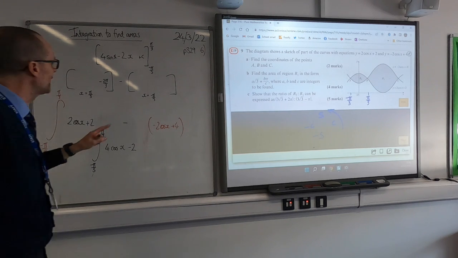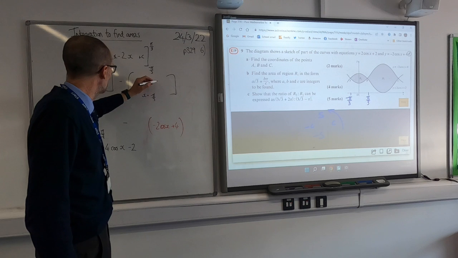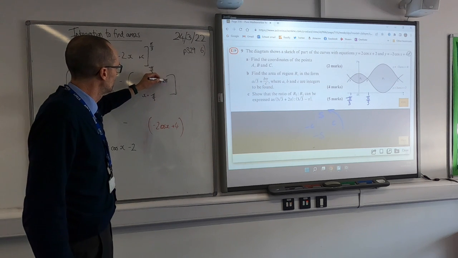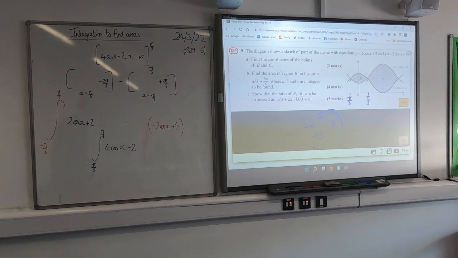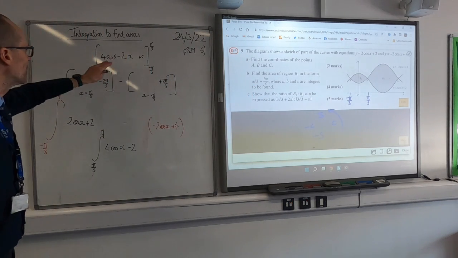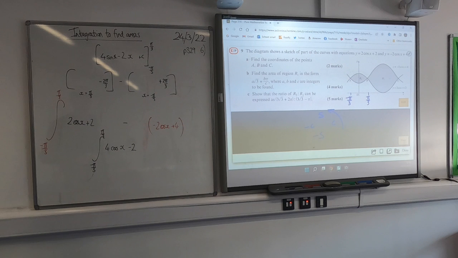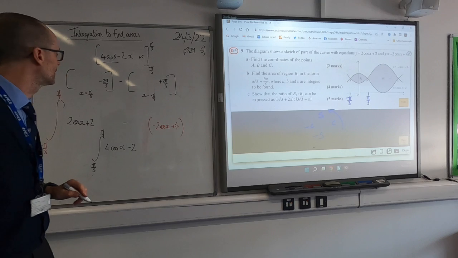And similarly here, minus 2 lots of that would be plus. And I'll just get my calculator, because we're asked to find it in this form here. So if you type that in on your calculator, as we always do, in this case it doesn't work, so I'm just going to use my calculator to do that bit.